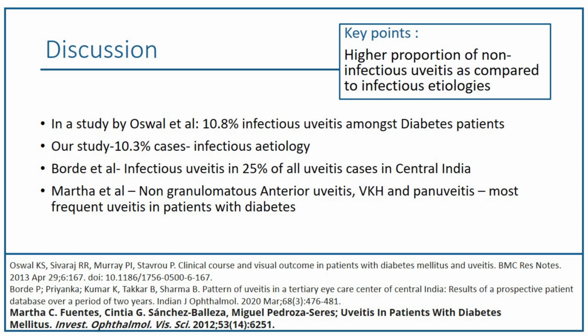Bode et al. in their study noted a 25% preponderance of infectious uveitis among all uveitis cases in the general population in central India. Martha et al. in their study noted that the most frequent uveitis in patients with diabetes were non-granulomatous anterior uveitis, VKH, and panuveitis.